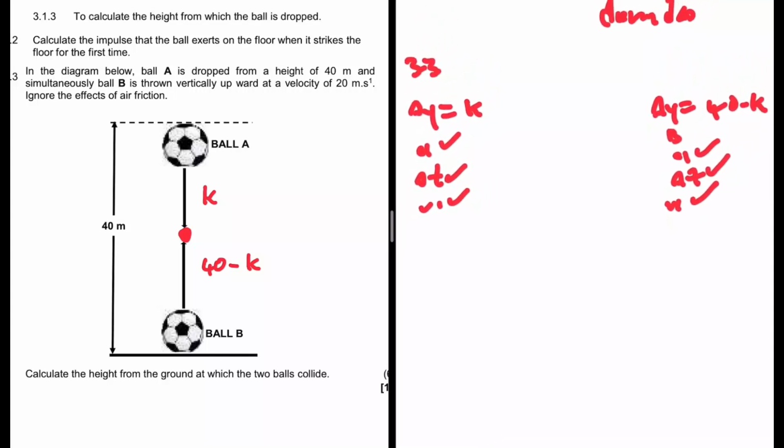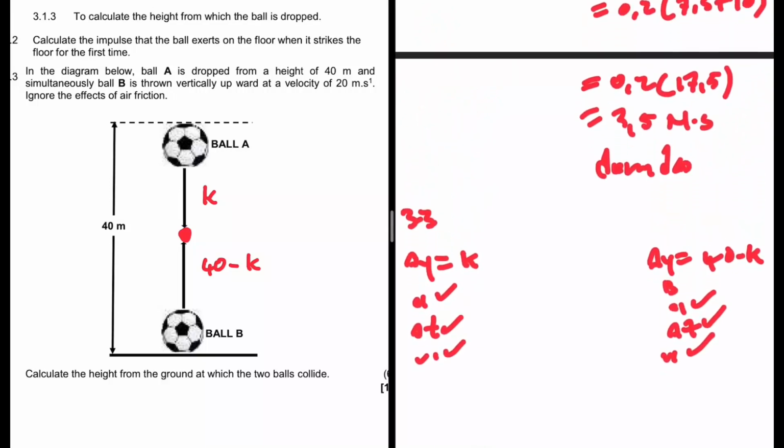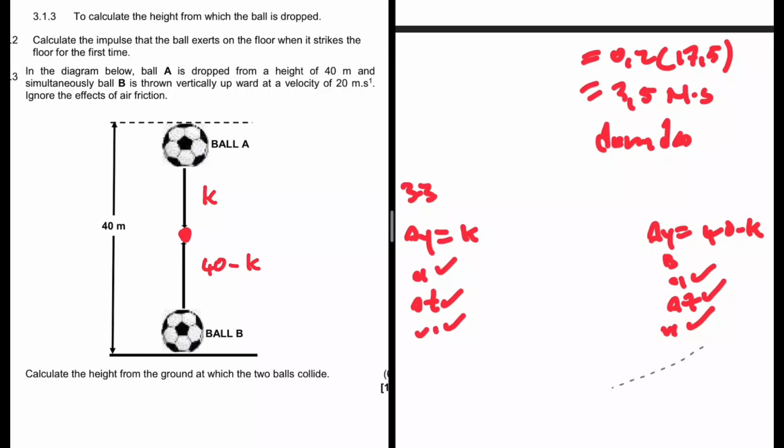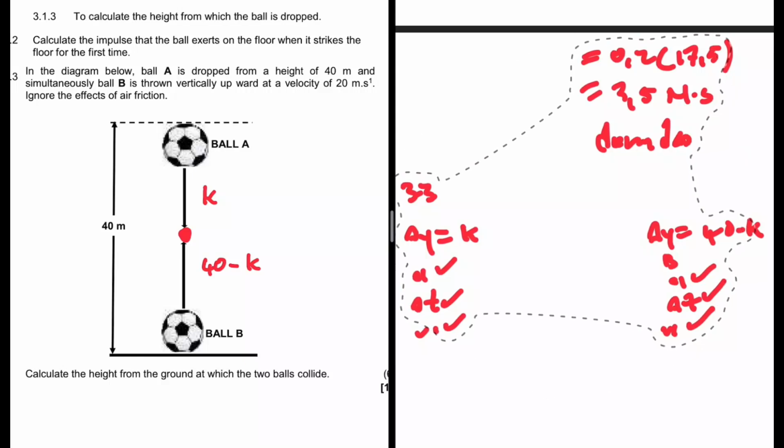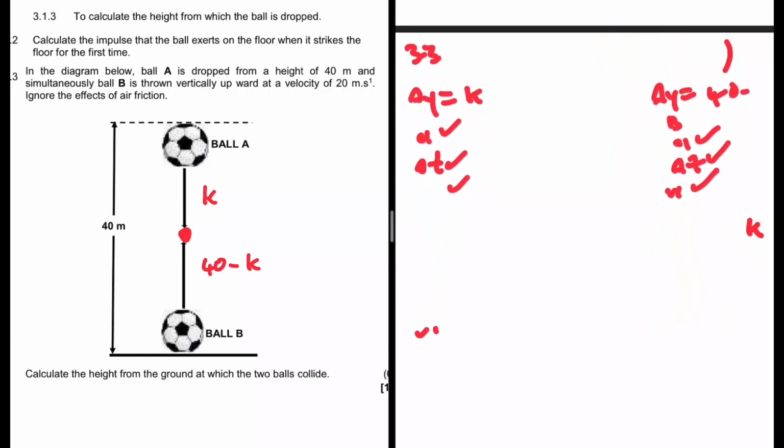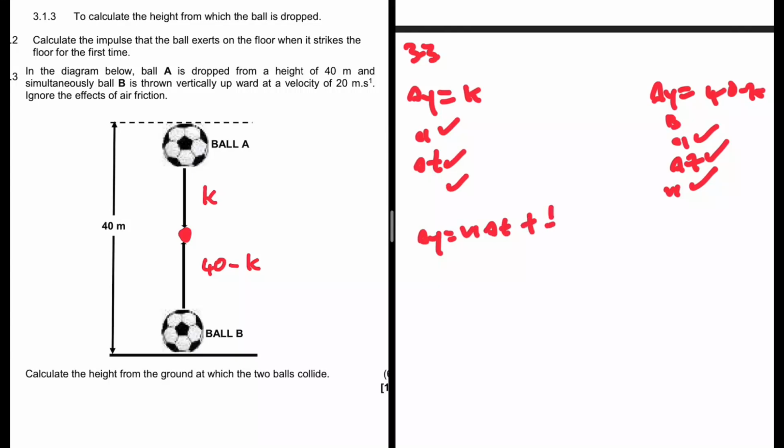So if we start with ball A, let me just drag these upwards. I don't want to write this in 2 pages if I can write it in one. Okay, so if we start with ball A, we're going to have delta y equals vi delta t plus a half acceleration delta t squared. So the displacement of A, let's take up as positive, is going to be minus k.